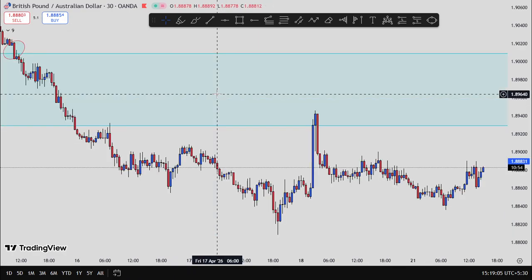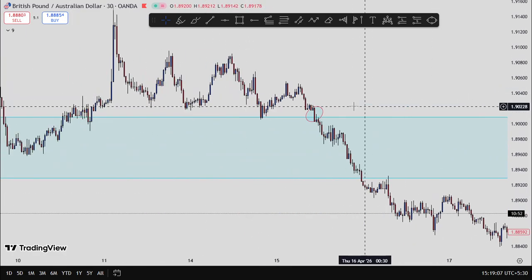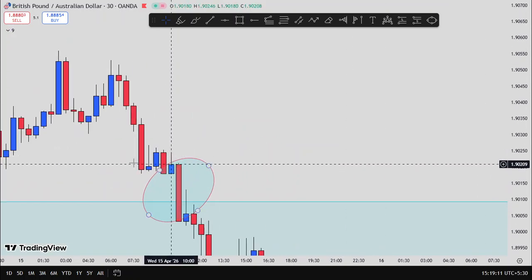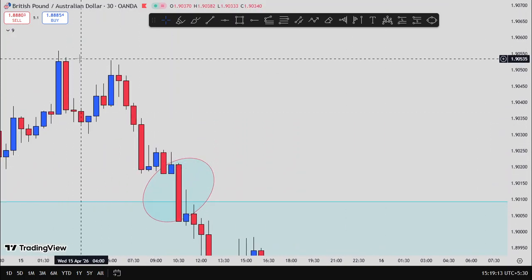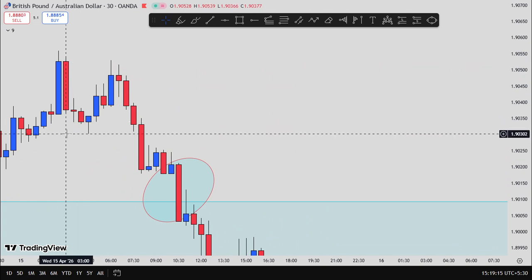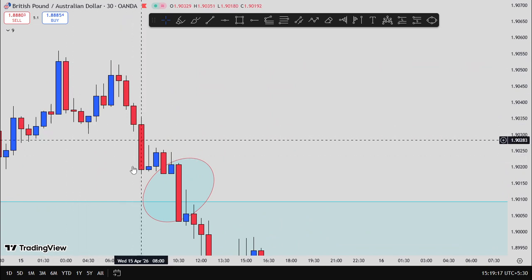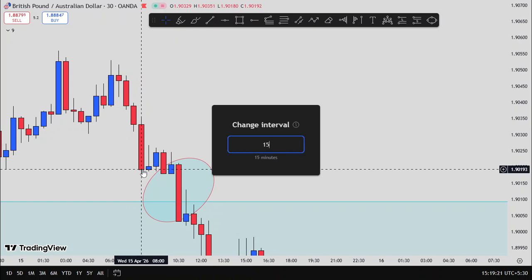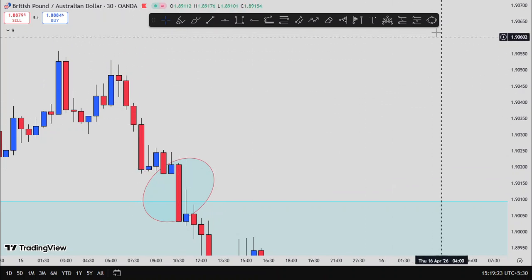Now we go on the 30-minute to see what has happened. See, the same move over here, we have this high and we would consider this low. So on the 30-minute we would get an entry over here only. Now going on the 15-minute. Okay, wait, we'll mark the 30-minute entry too.